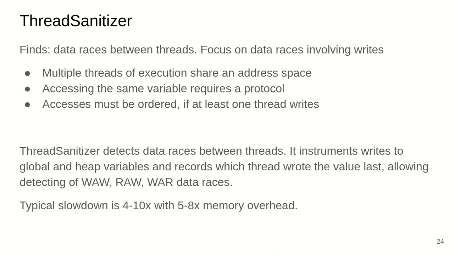These accesses must be ordered if at least one of the threads writes, and ThreadSanitizer detects these data races between threads by figuring out which thread wrote which heap or stack variable last, and keeps track of the synchronization primitives. Slowdown is fairly drastic, like a 4 to 10x slowdown with 5 to 8x memory overhead. So this is fairly hefty.